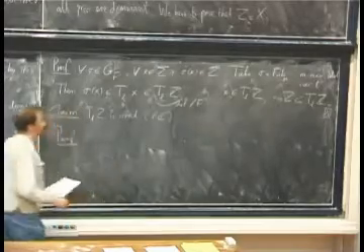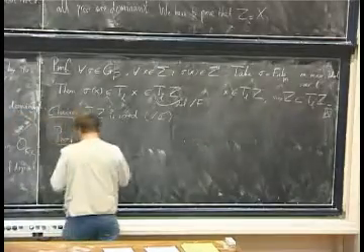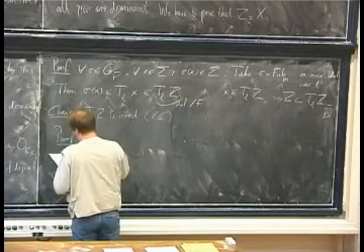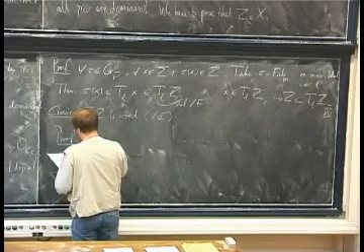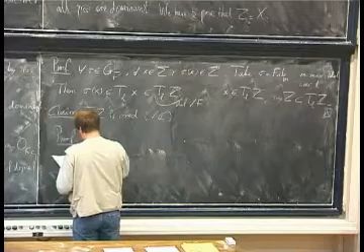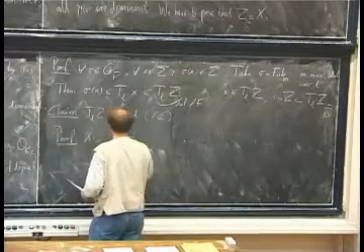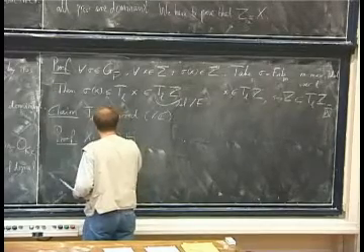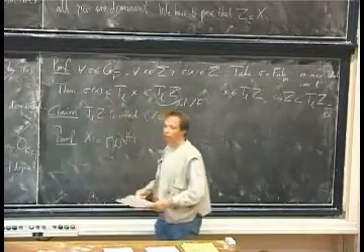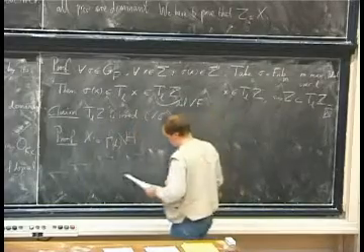So, to show this, I want to introduce some notation. X will be the upper half plane modulo the full level L congruence subgroup, the modular curve.